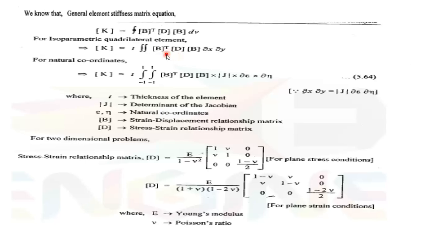Once we know the value of B, we can go for B transpose D B, and it will give the K matrix. This is how we get the K matrix for the 4 nodal quadrilateral isoparametric element.